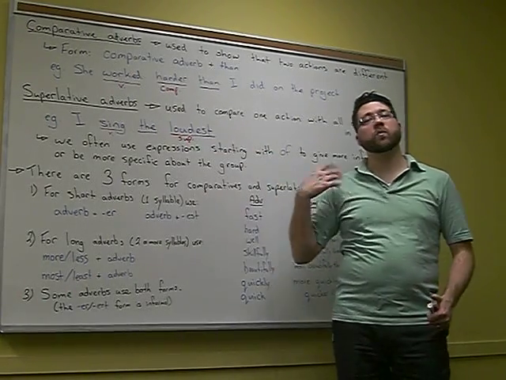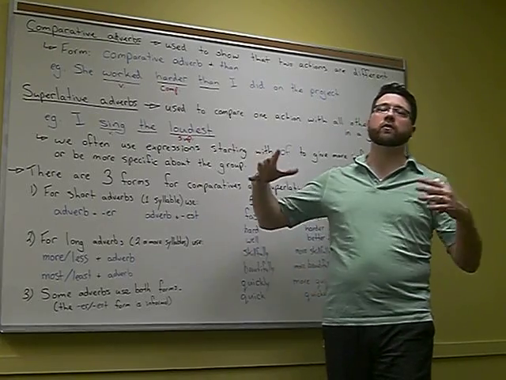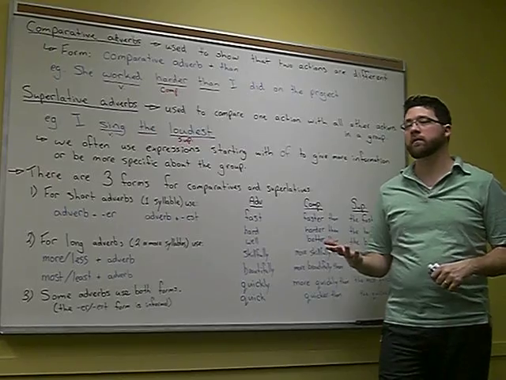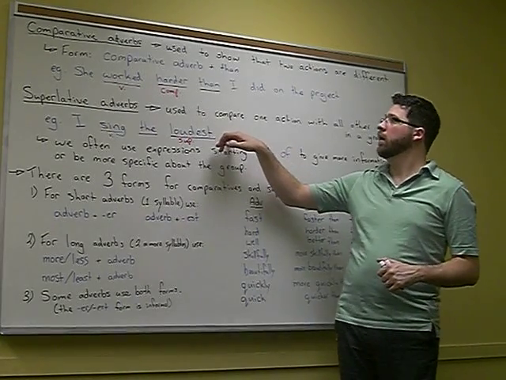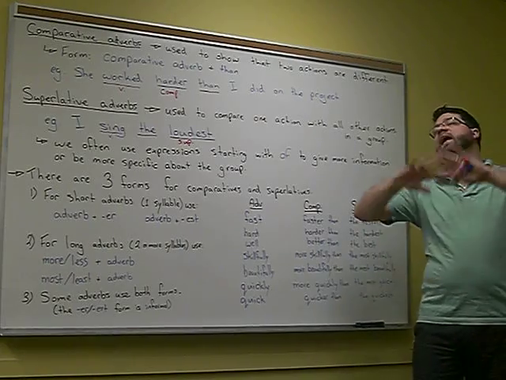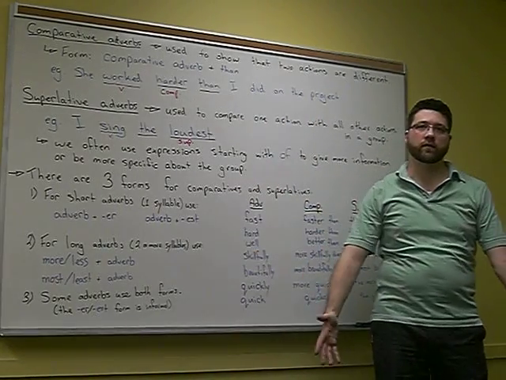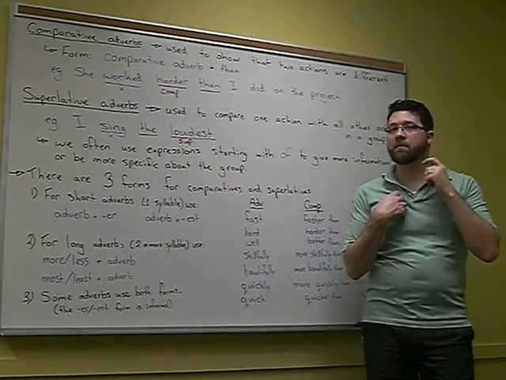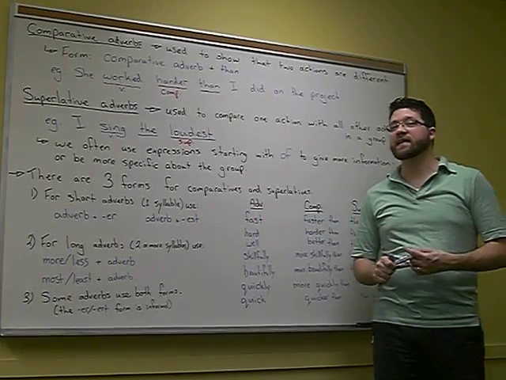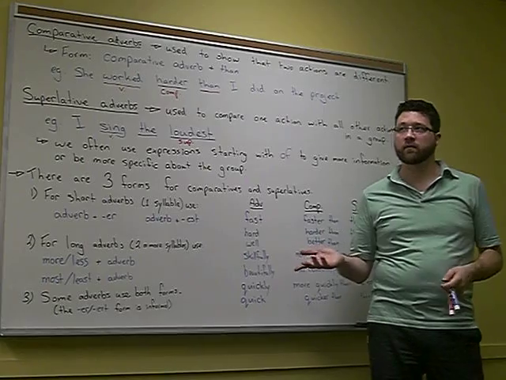And what that means is when I sing, my volume is very high and I'm very loud. So we don't always want to compare one action to every other action in the world, because I haven't met everyone in the world. So I don't know if I sing the loudest overall.